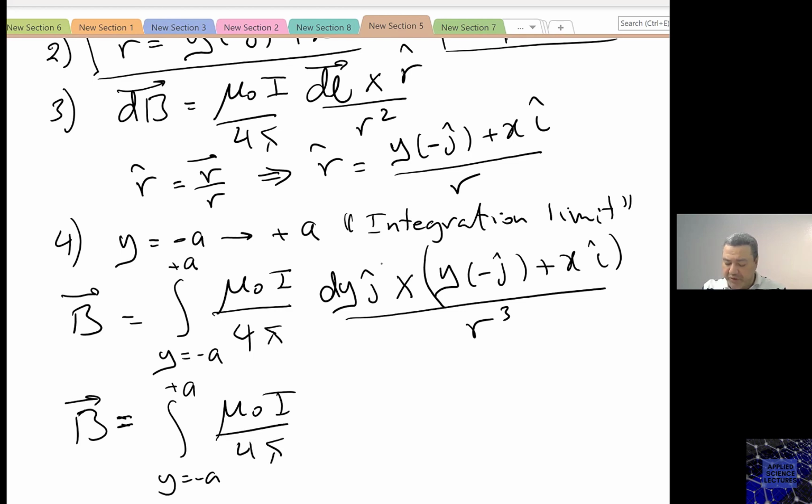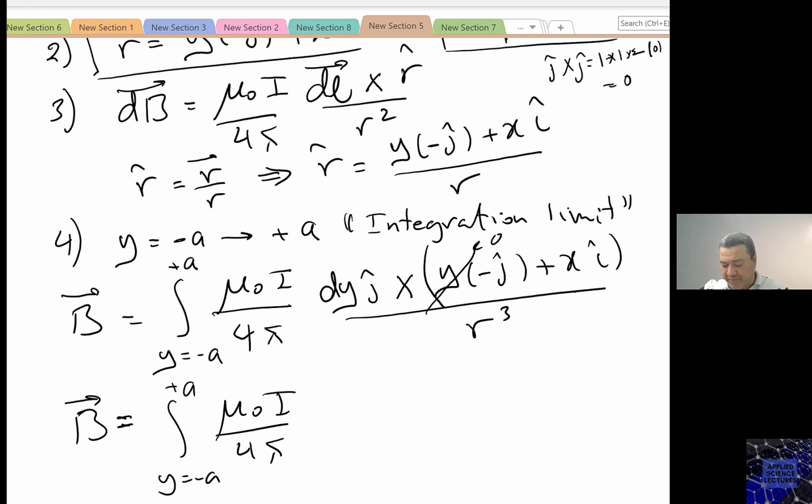Then the cross product between j and j is 0. Any unit vector that you take the cross product with itself is going to give you 0. Why is this? Because j cross j is going to be 1 times sine of the angle, the angle is 0, so this is going to give you 0, right? So I will get a 0 from here.